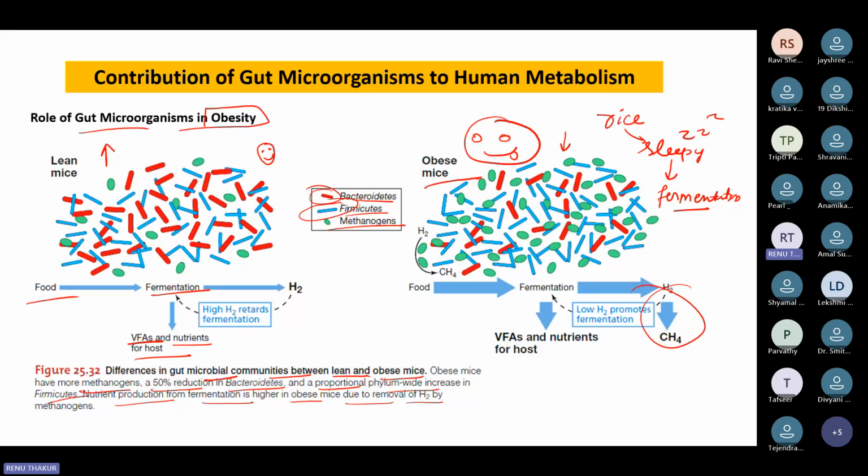So this is the reason that there is a difference in the microbial composition of a lean mouse and an obese mouse. Obese mice will have a higher amount of methanogenic bacteria, and it will do fermentation. So it will feel lethargic, no energy, nothing to do. So this is the major difference.